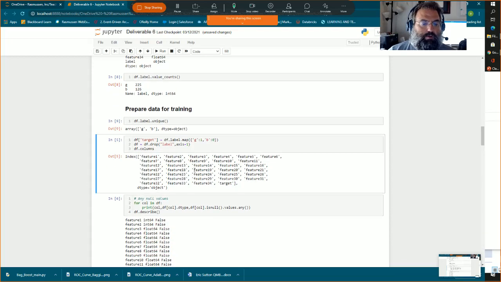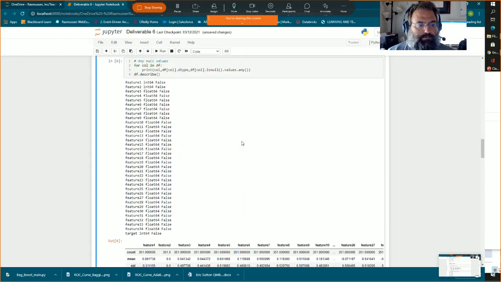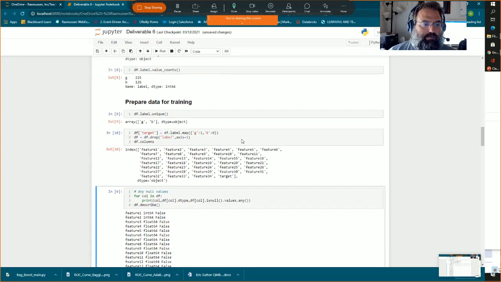Then you're probably going to want to do a mapping to convert those from essentially categorical to numeric values. And that's all that's doing, is basically just creating a target and pulling off the label and then getting rid of label after the fact. So I'm just replacing G and B with 0 and 1.